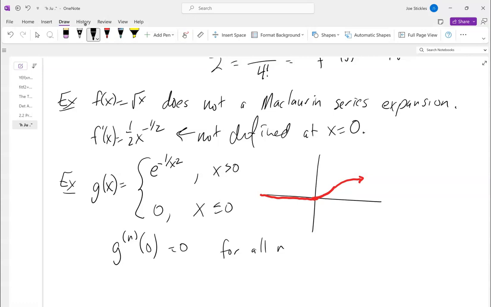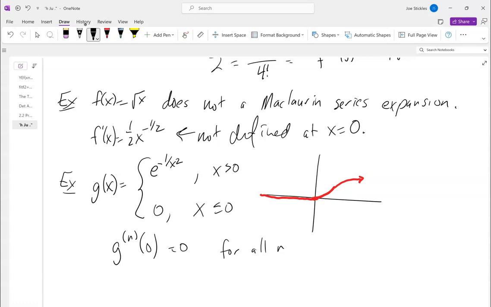So what would your Taylor series end up being? If all your derivatives are 0, then the Taylor series would just be 0, right? This function is certainly not the 0 function. So it's not equal to its Taylor series, except at 0, which is not interesting.